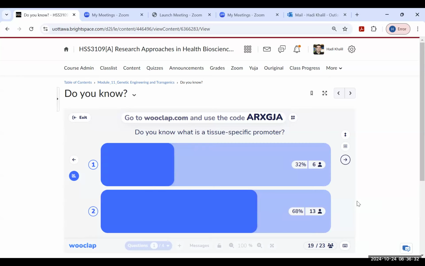So again, 1 is yes, you know what it is, and 2, no, you don't know what it is. Okay. 2 more people in the group.